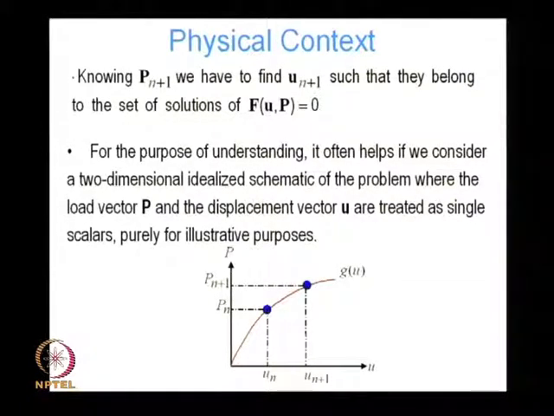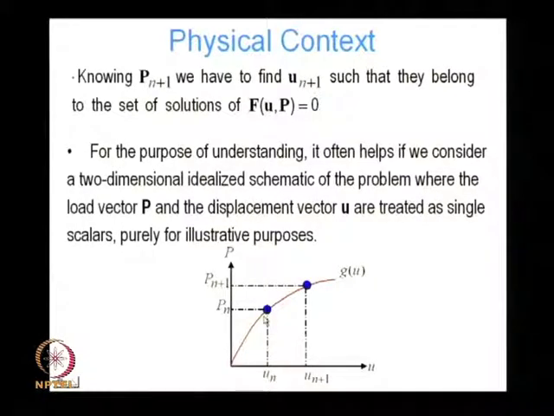For the purpose of understanding, it often helps if we consider a two-dimensional idealized schematic of the problem. This is just a schematic to help your understanding. It is not at all a representation of the reality, where the load vector p and the displacement vector u are treated as single scalars purely for illustrative purposes. And then we have this blue dot, which represents an equilibrated state where we know the load Pn, we know the displaced configuration which results in equilibrium.